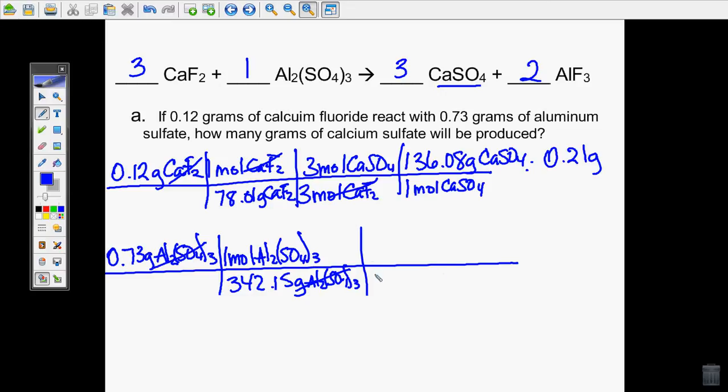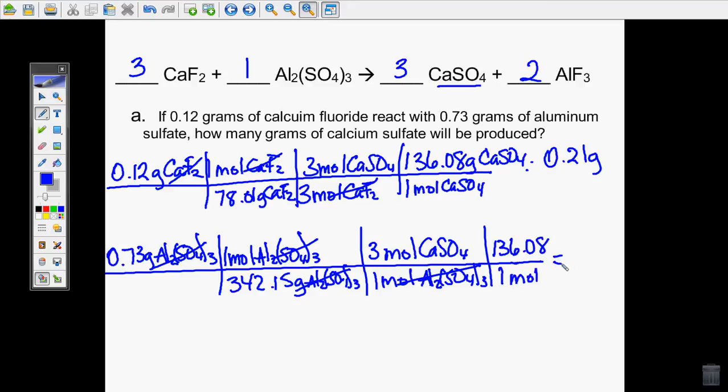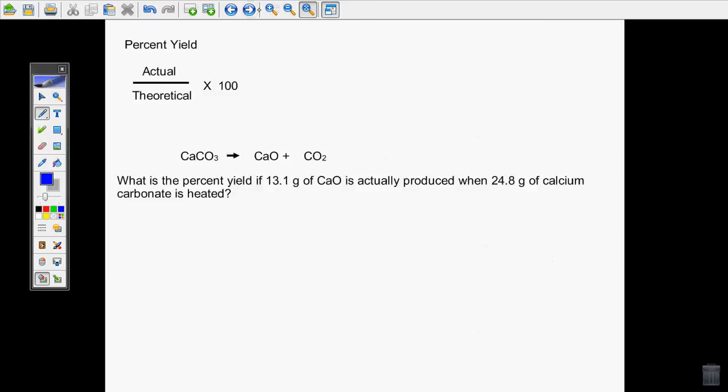Okay, and from my balanced equation, I know for every 1 mole of aluminum sulfate, I have 3 moles of calcium sulfate. So that cancels. And then again, my molar mass of calcium sulfate. I'm running out of room. I get 0.87 grams. So this is a smaller number, so this is the maximum amount of product I can get with this chemical reaction. So calcium fluoride is my limiting reagent.